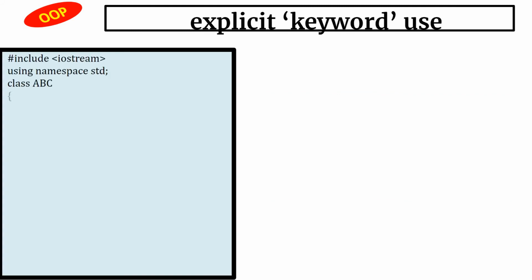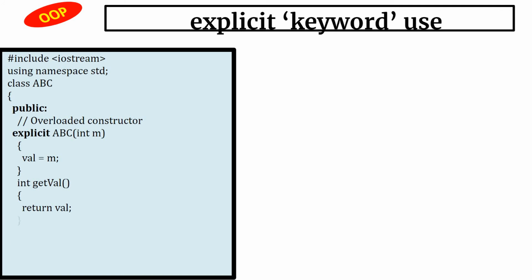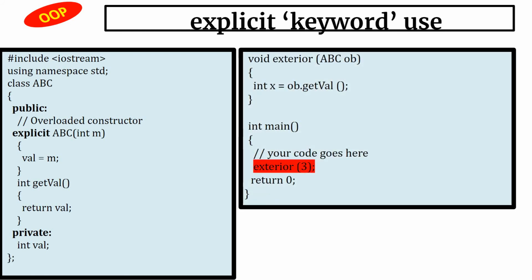So if you observe, this is a program where we have just added the keyword explicit in front of the constructor. We are taking the value, displaying the value using the getVal function. Then if you observe the main, we have created the ob.getVal function, and exterior 3.